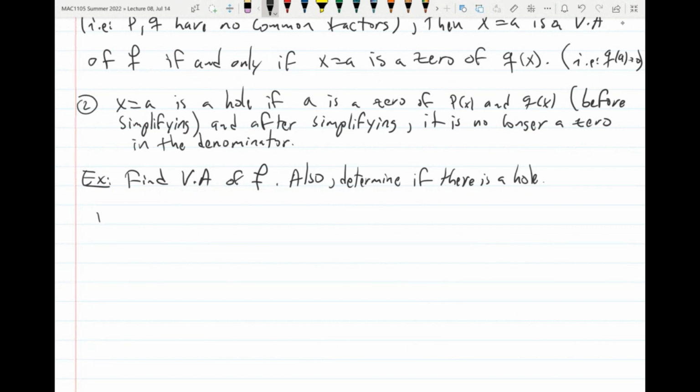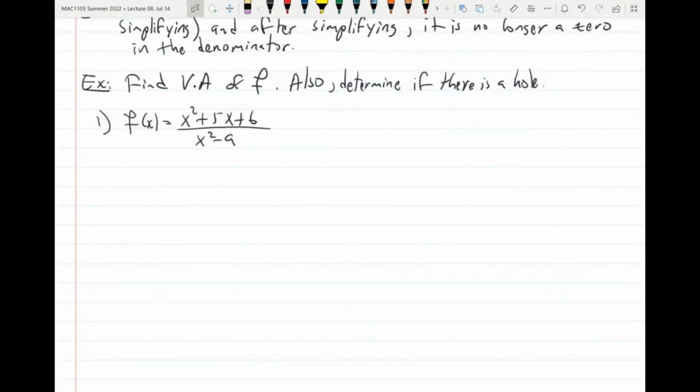So let's see. f of x equals x squared plus 5x plus 6 over x squared minus 9. And then let's do f of x equals x minus 1 over x cubed minus x.